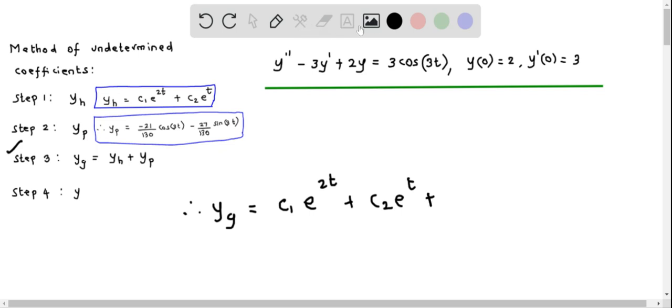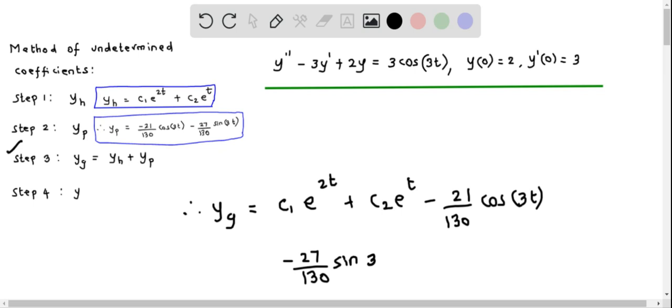Since both the particular solution terms are negative, I'm going to replace this as negative. So this is negative 21 over 130 cosine of 3t, then negative 27 over 130 sine of 3t.